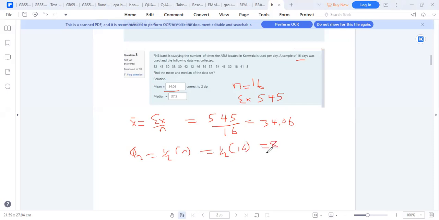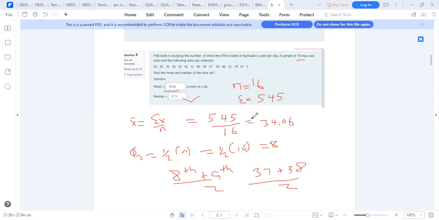So what does it mean if you get exactly 8? Which numbers are you averaging? The 8th number and the one that follows, the 9th number, correct? Then you divide by 2. So in this case, the 8th number was 37, and the 9th number was 38. When you divide by 2, you're going to get 37.5, which we found here.